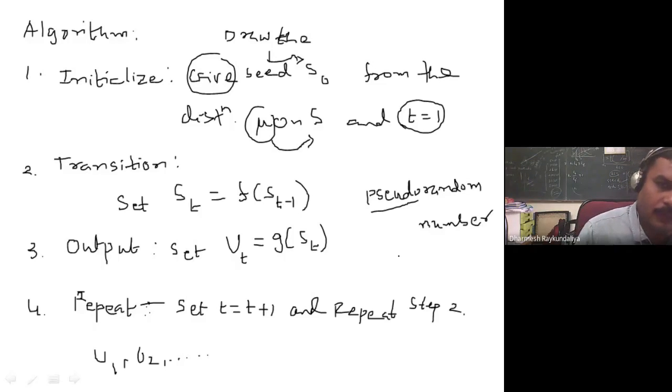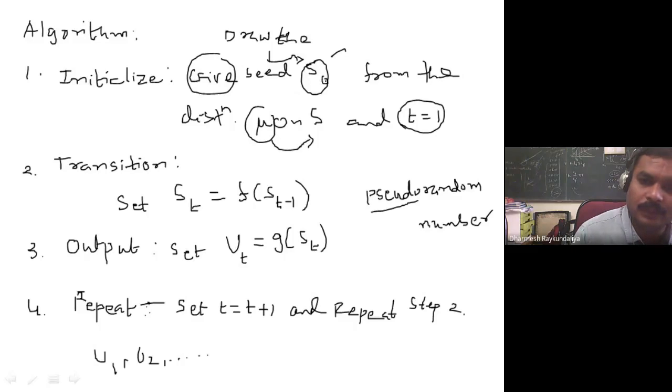So whatever the algorithm is given by the user is nothing but generating the pseudo random numbers. It can start with the initial seed. So you have to supply the seed, just like when you want to plant a tree, you first require the seed, then a small plant comes out and then a big tree forms. So you have to initialize and supply the seed, and then the sequence of states.